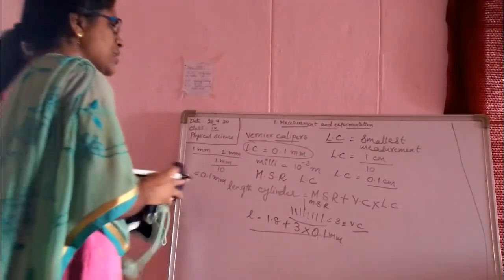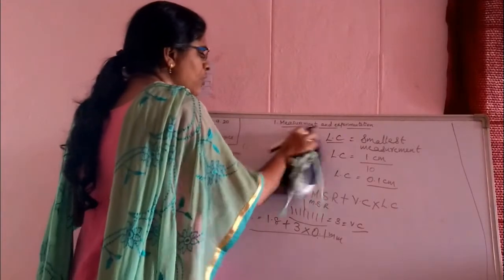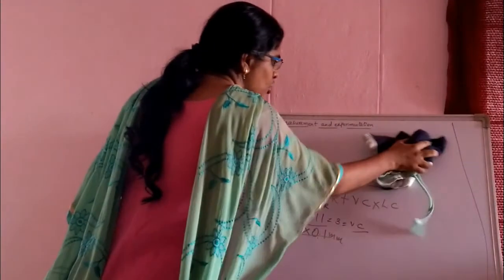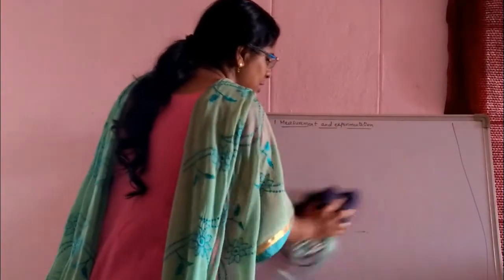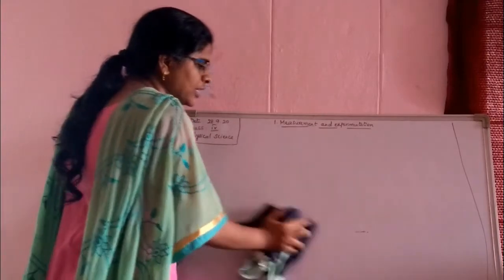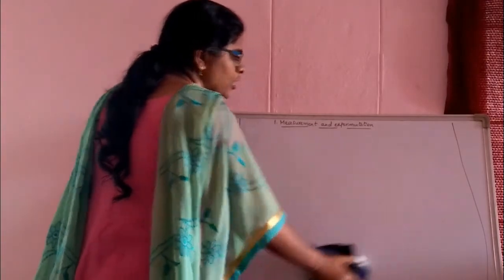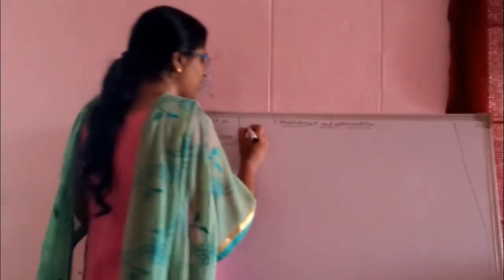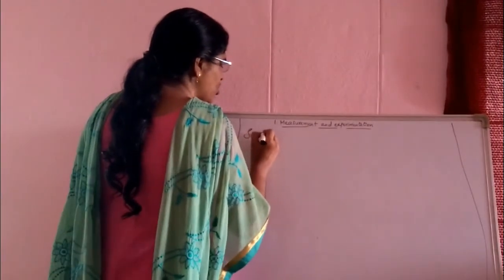Now after this vernier calipers, you have another instrument called screw gauge. Similar to your vernier calipers, first we will find out the least count of the screw gauge. How to find the least count of a screw gauge?